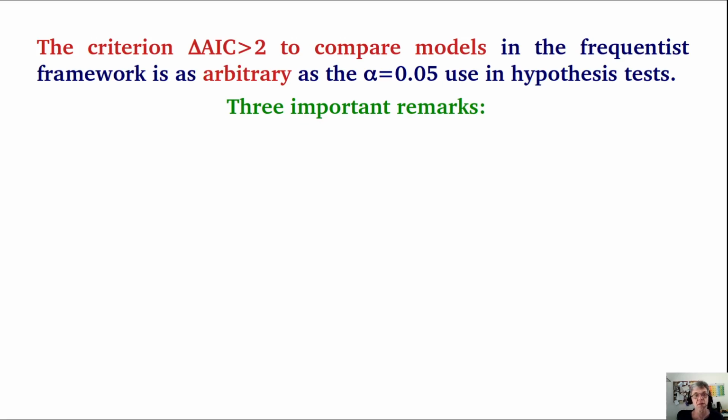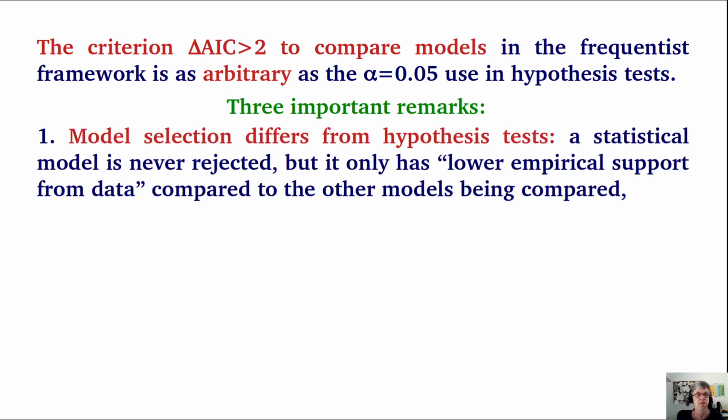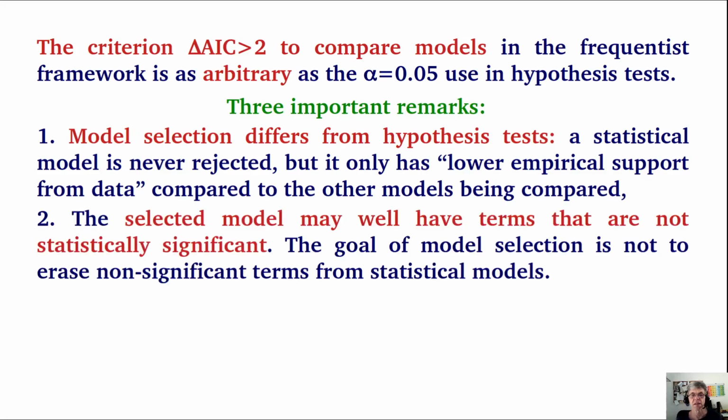So 3 important remarks to close off. First, model selection is different from hypothesis testing. In model selection, a statistical model is never rejected, but only said to have a lower empirical support from the data compared to other models in the set. The second point is that the selected model may have terms that are not statistically significant.